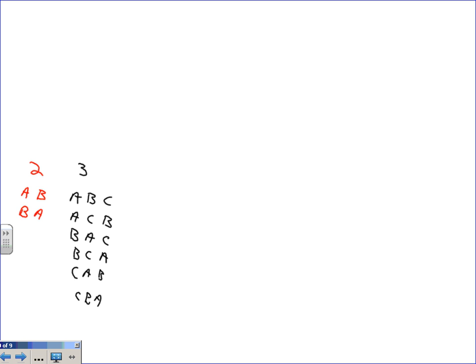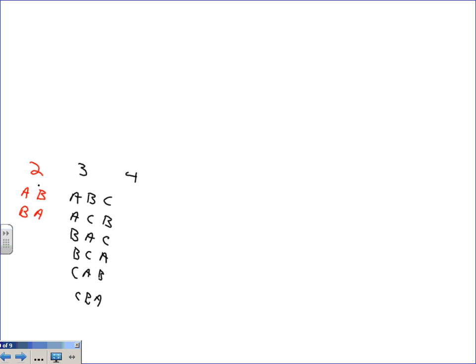Well, if we keep going with this pattern, we would see that this would be 2. If we have 3 things, 3 times 2 would give me 6. The next one with 4 would be 4 times 3 times 2. And so we start to build this pattern.